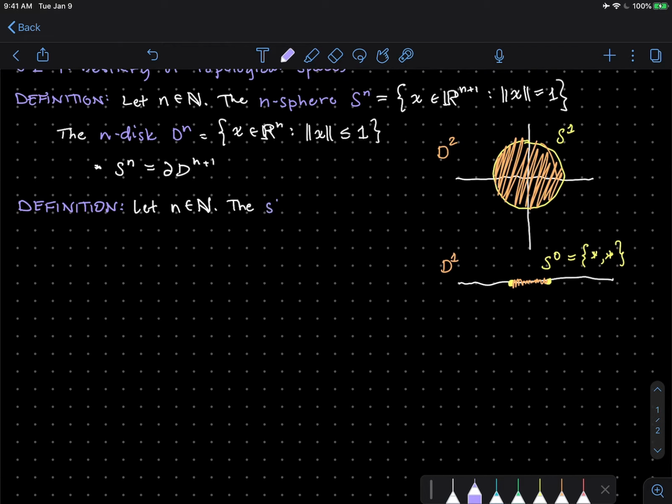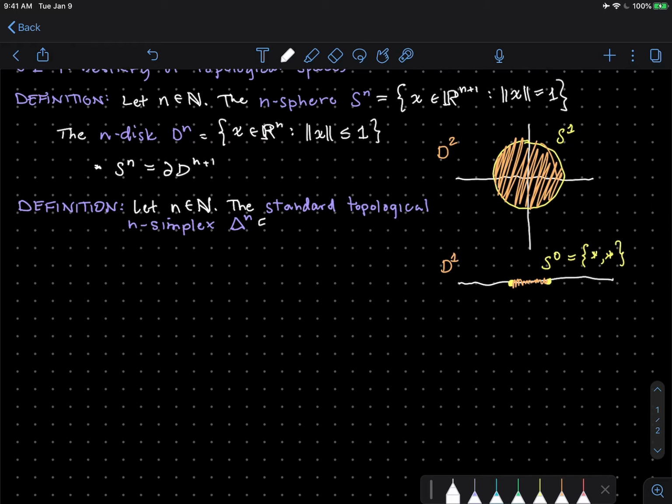The standard topological n simplex, which is written delta n.